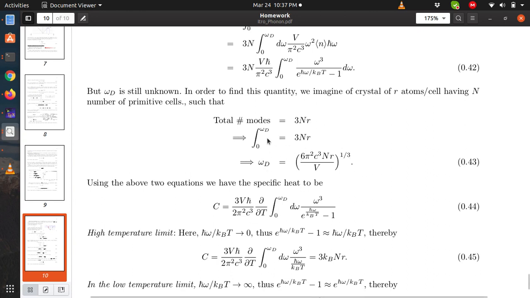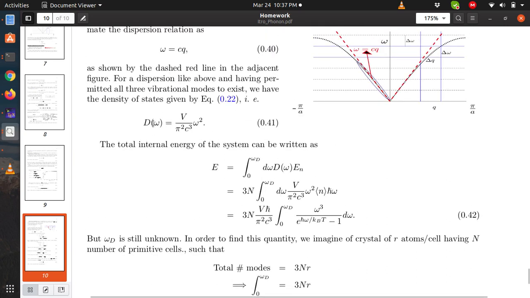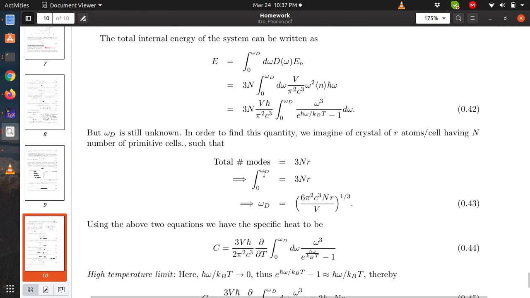It's a very simple integration, because we have got the density of state to be quadratic with respect to omega, and it will be very simple for you to evaluate omega D from here. There could be some factor missing out here, but I did it on purpose so that you can check it out. Of course, the factor would be just 2, which could be in the denominator or in the numerator of these terms under the bracket.